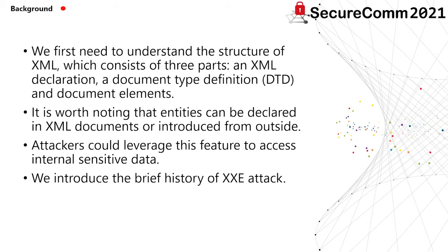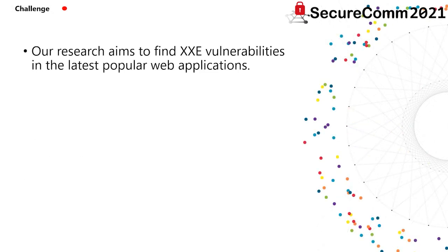With the generalized use of XML in web applications, XXE attacks have also become widespread. Many famous applications have been found to have XXE vulnerabilities, such as Google, Facebook, WebSphere and WeChat Pay. Our research aims to find XXE vulnerabilities in the latest popular web applications.